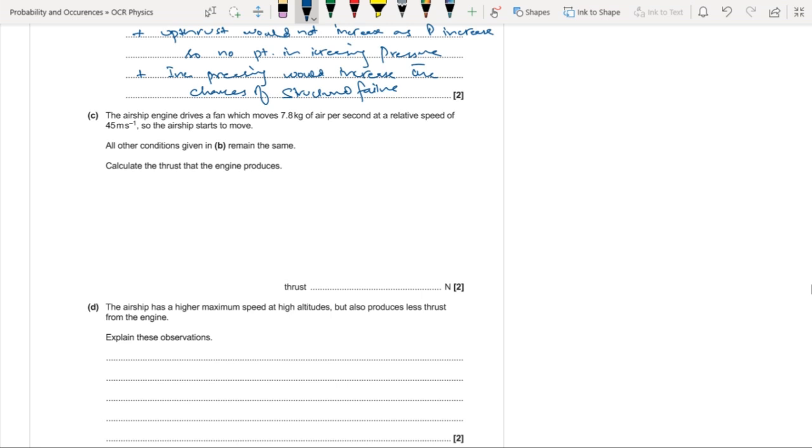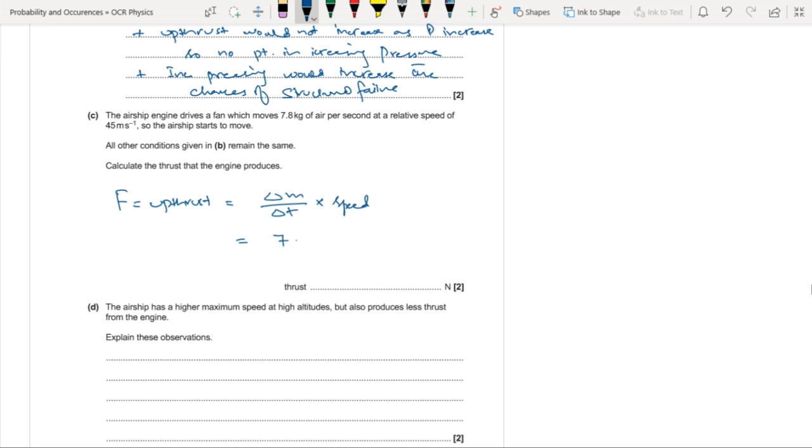The thrust that the engine produces can be found by the mass flow rate multiplied by the velocity. Yes, the force or the upthrust is equal to the mass flow rate, which is delta m over delta t, multiplied by the speed or the rate at which the air or the matter is moving out.